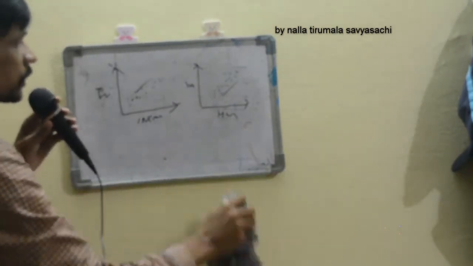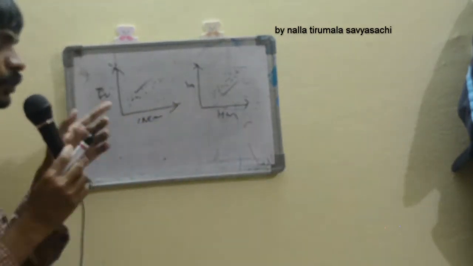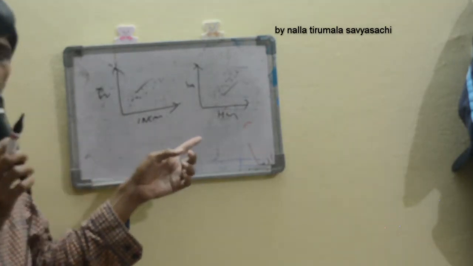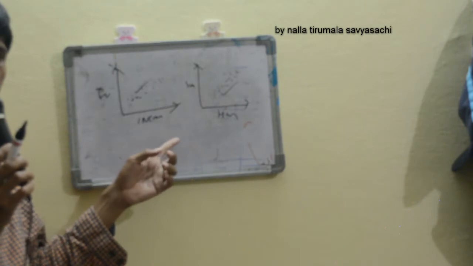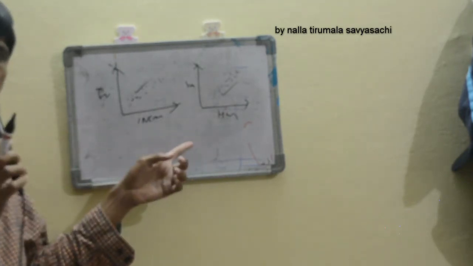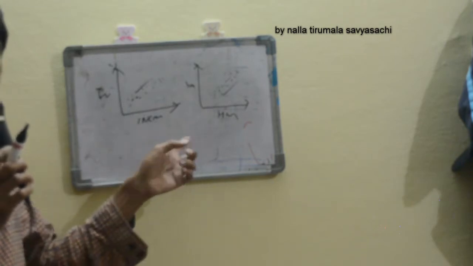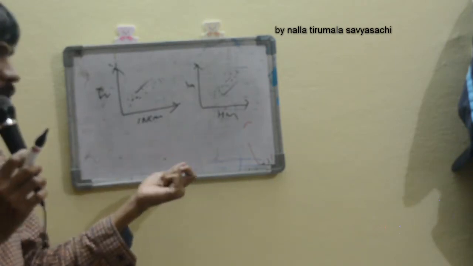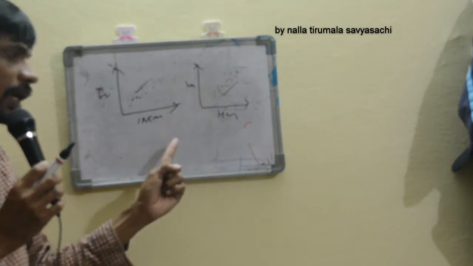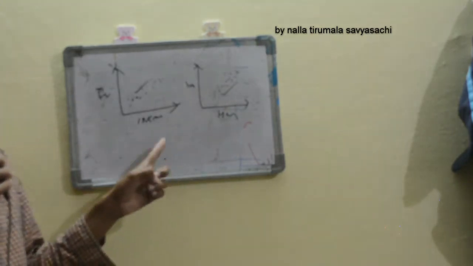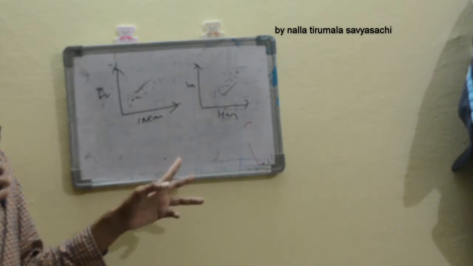Now we will come to this income and health. As I earlier said, when we have more than one independent variable, then we should find out whether these independent variables have any relationship among themselves. If income and health have some linear relationship among them, then we are going to face problems, right?